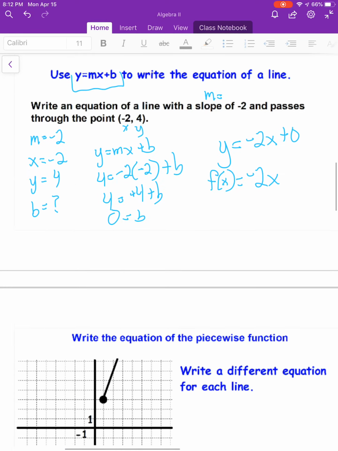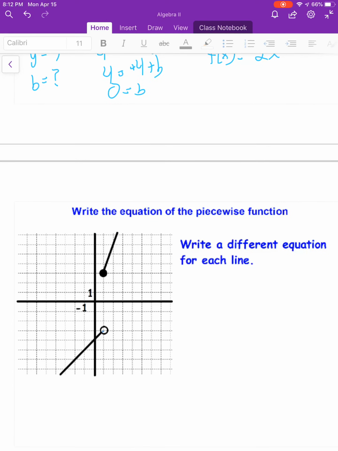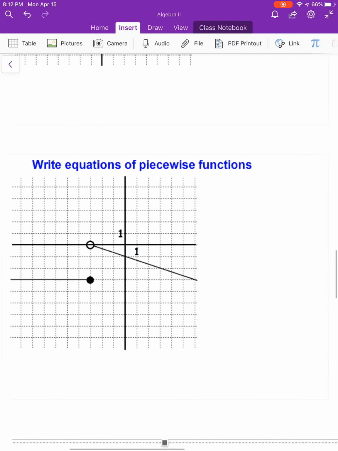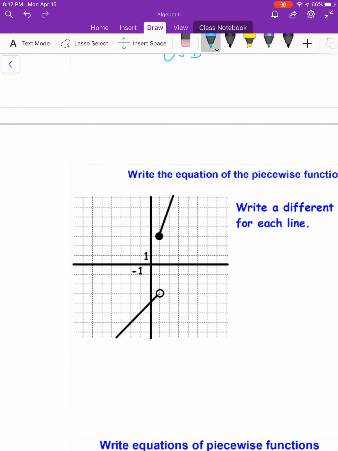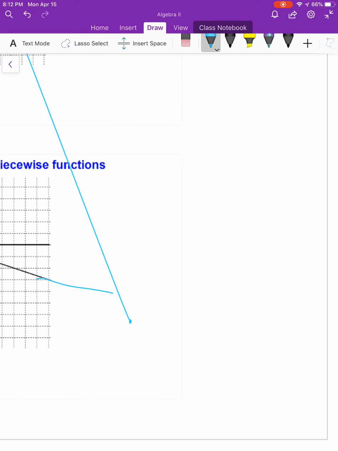Okay, I'm going to do the same thing with piecewise. I'm going to write the equation of two lines. And one way, for both of them, is to take 2 points from the given graph. Here, try to pick nice whole numbered ones.